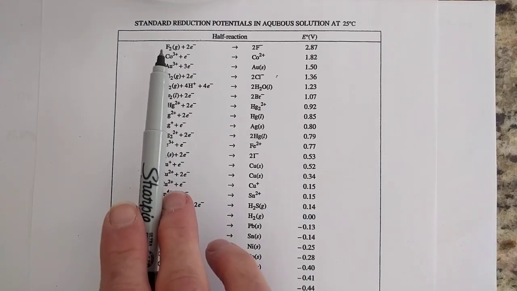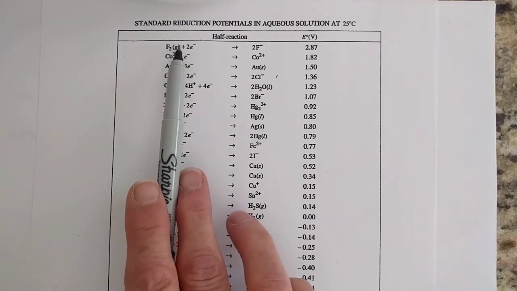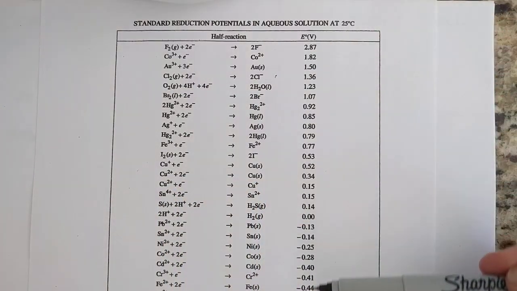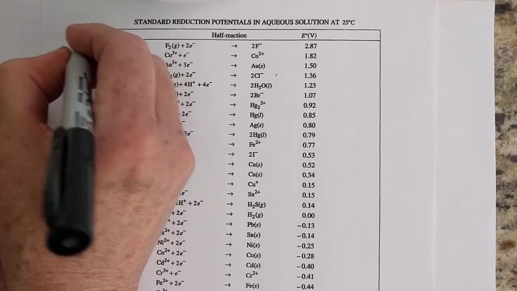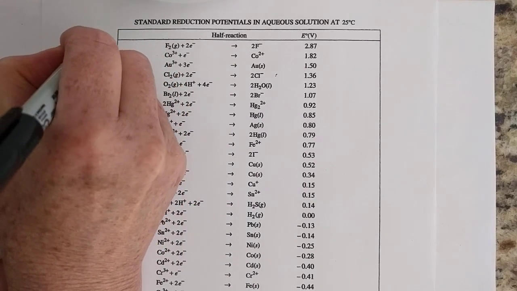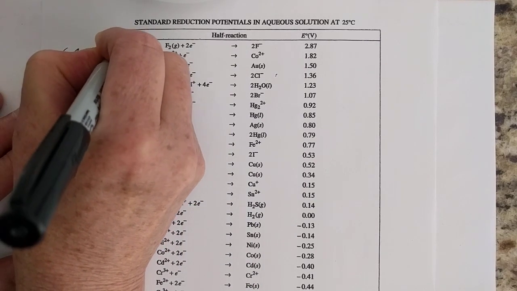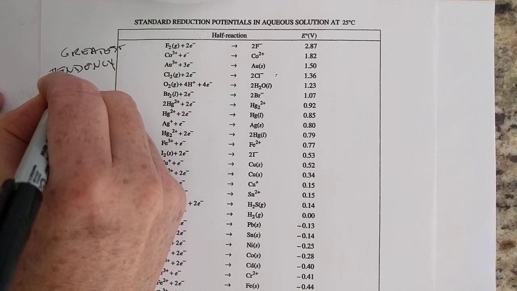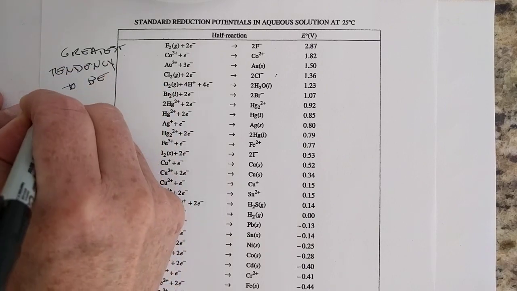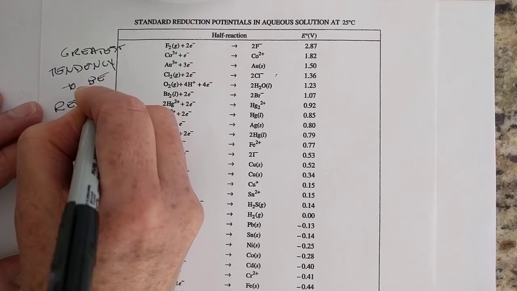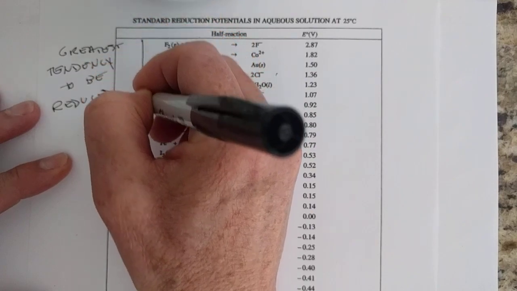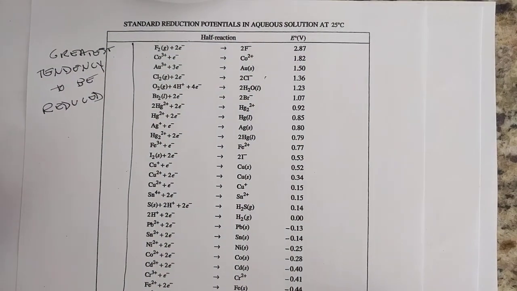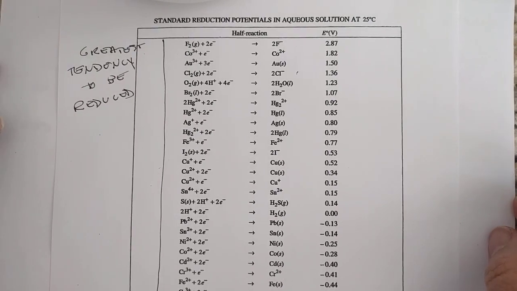So up here, this is the greatest tendency to be reduced, and then it goes down. So we go from the greatest tendency to be reduced at the top, and then we go down at the bottom to the least tendency to be reduced.